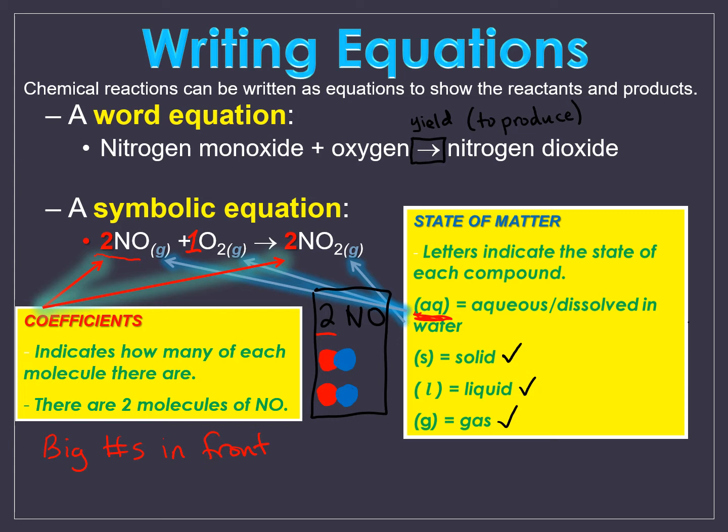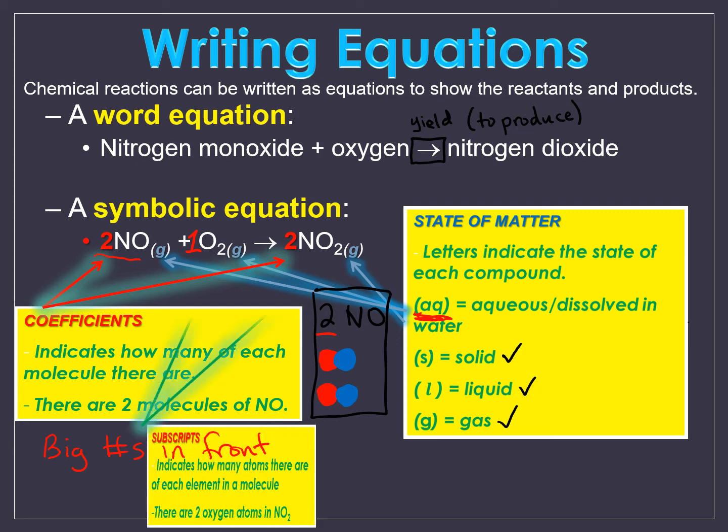AQ stands for aqueous. Again, aqueous. And aqueous means a substance that has been dissolved in water. Most of the chemical reactions that we observe are aqueous solutions. So something that's been dissolved in water and we're mixing those components together. So that's aqueous, a substance that's been dissolved in water.